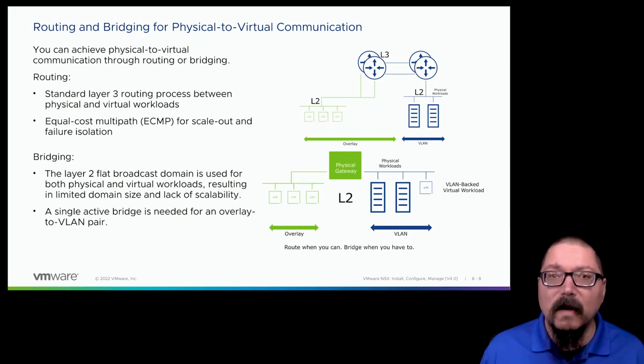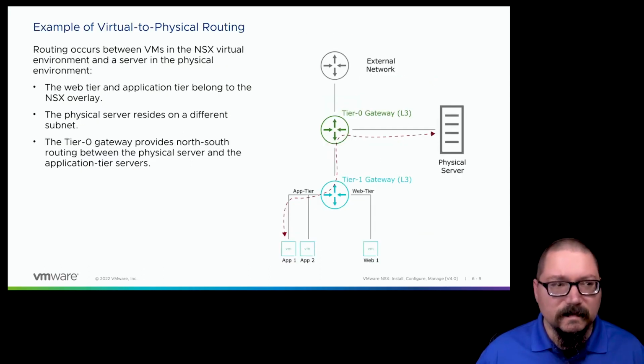Route when you can, bridge when you must, is the way we describe that. Because bridging creates a large flat network domain, that's part of the reason we have so much routing and why we're doing so much towards routed protocols in the first place, so we can shrink those broadcast domains.